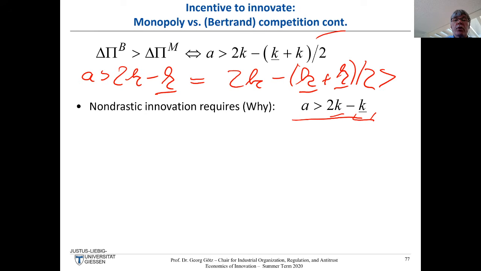But this is greater than this expression because I subtract something smaller here. As K is larger than K lower bar, it's clear that this holds. And this is a formal proof for why the incentive to innovate, why the gain from innovation is larger under Bertrand competition.